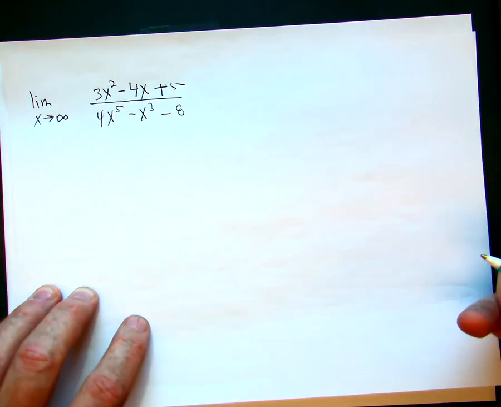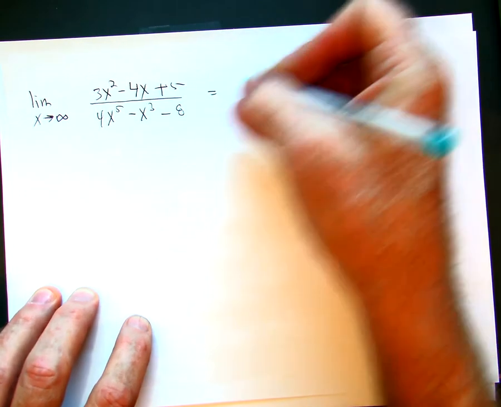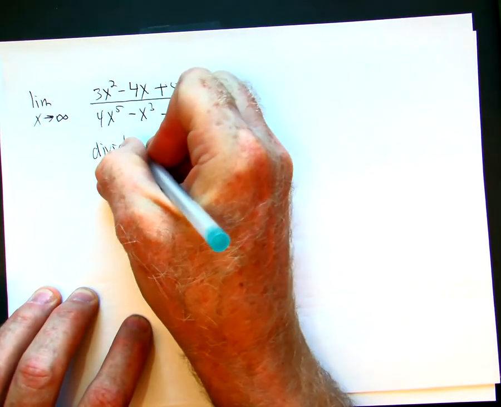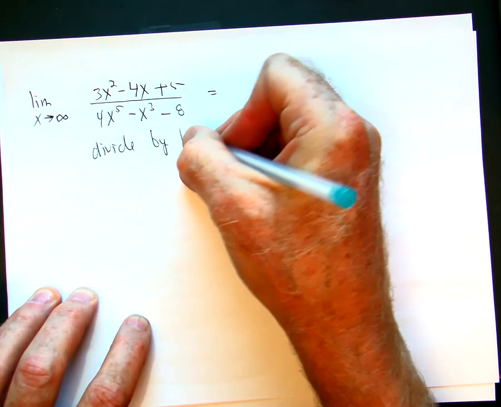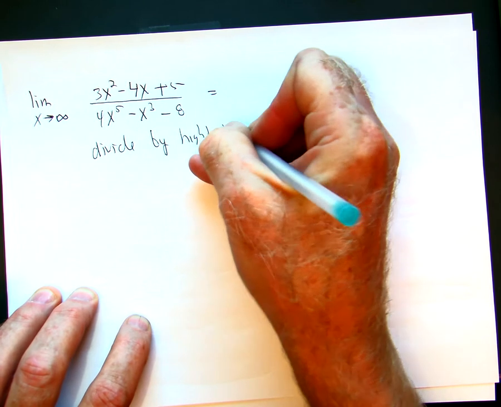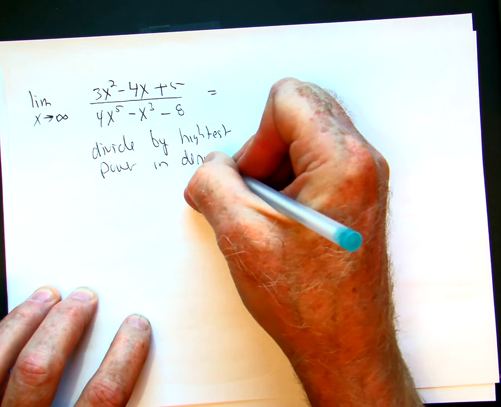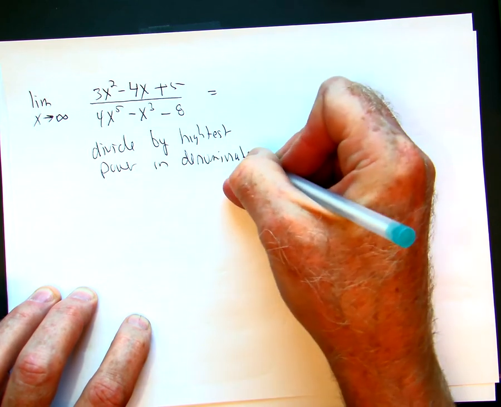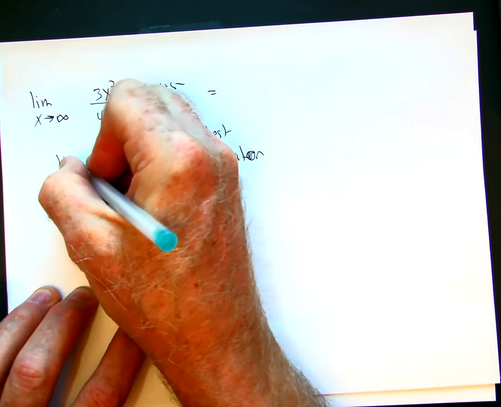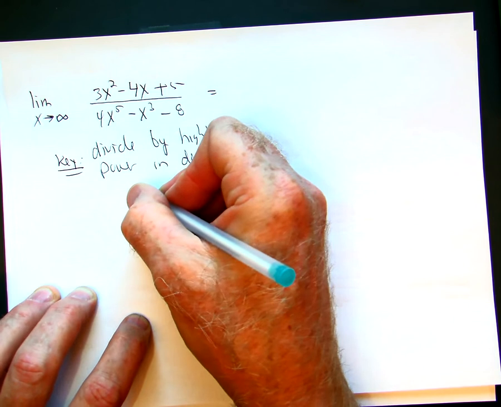Okay, again, this limit, what I'm going to do is divide by the highest power in the denominator. That's the key.